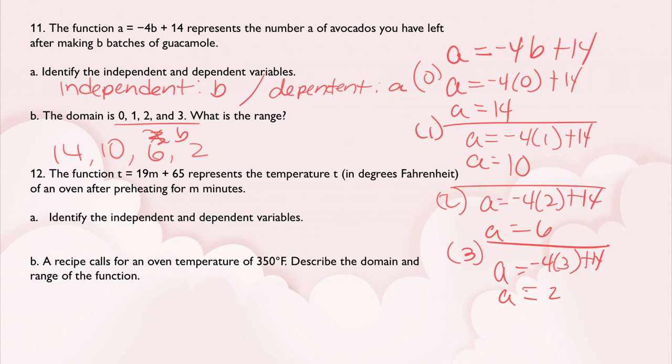The function T equals 19m plus 65 represents the temperature T, in degrees Fahrenheit, of an oven after preheating for m minutes. Which is the independent here? The m. Independent is going to be m. And what's going to be my dependent?